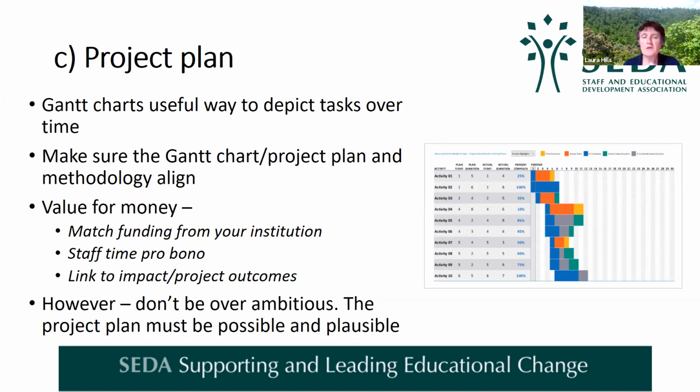We're also, obviously, because it is a small amount of money, looking for some element of value for money here. So examples of this might be match funding from your institution, the idea of staff time pro bono. It's very unlikely that £1,000 would be able to cover the costs of someone doing an aspect of the project.